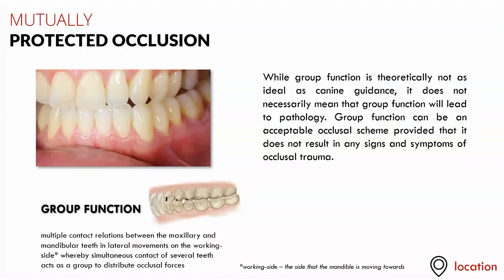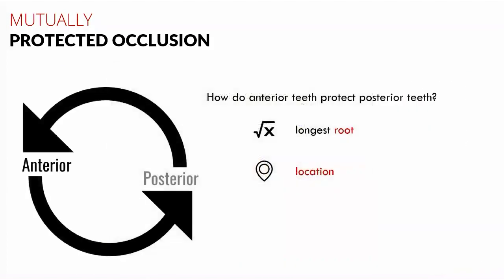But for now, what I want you to understand is group function, when you have multiple teeth contacting, we're only referring to those teeth contacting on the working side, or the ones that we would take into consideration, okay? And the opposite side of those posterior teeth, the contralateral side, shouldn't have anything touching in that group function motion. So that's the location.